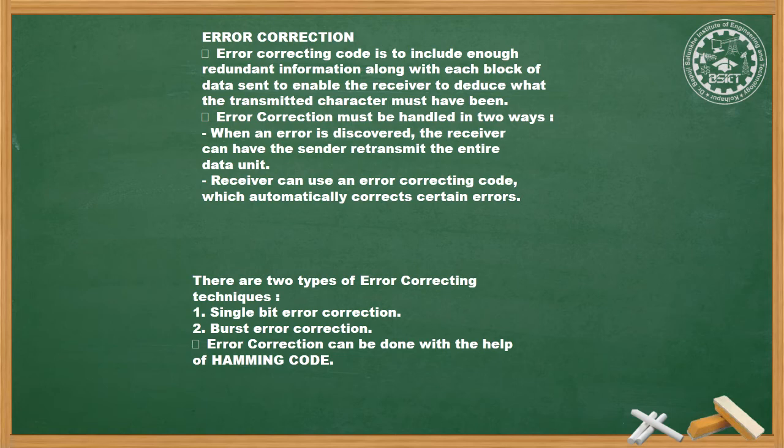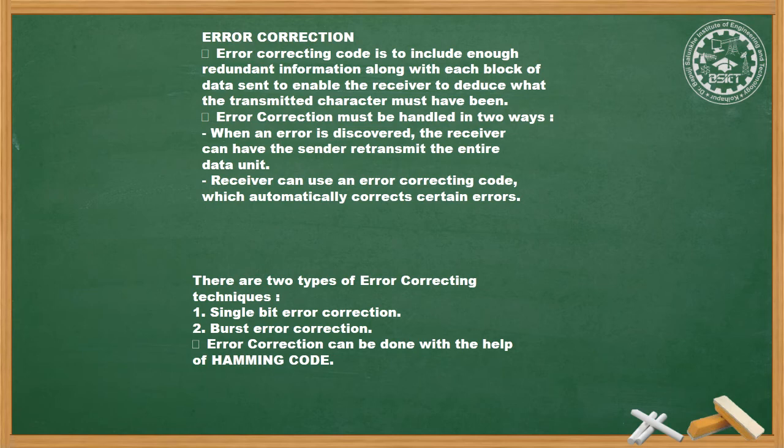So when the receiver detects that an error has occurred, if it is backward error correction, the receiver sends a request again to retransmit the data, which we call backward error correction. Otherwise the other type is forward error correction, in which the receiver uses error correcting codes. So it will regenerate the data, or it will detect which errors are there and correct them.